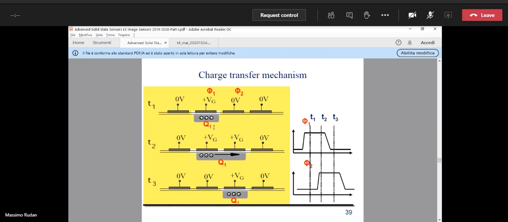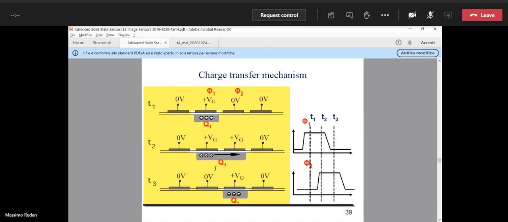So this is the charge transfer mechanism that takes place in the CCD. This also explains why we need three phases. If we have three phases, we can assure that the transfer is one directional. In this example, the transfer is from left to right.